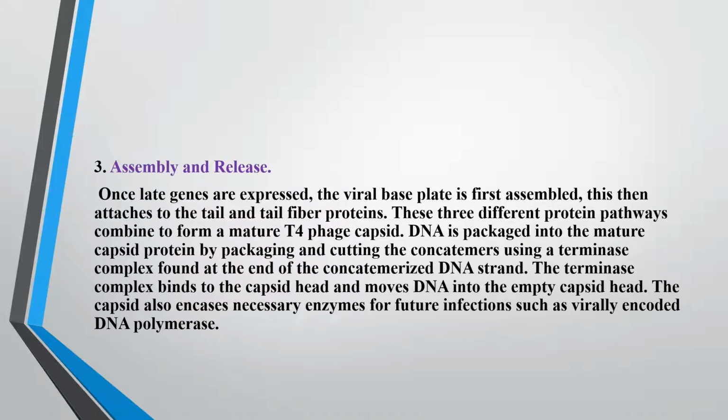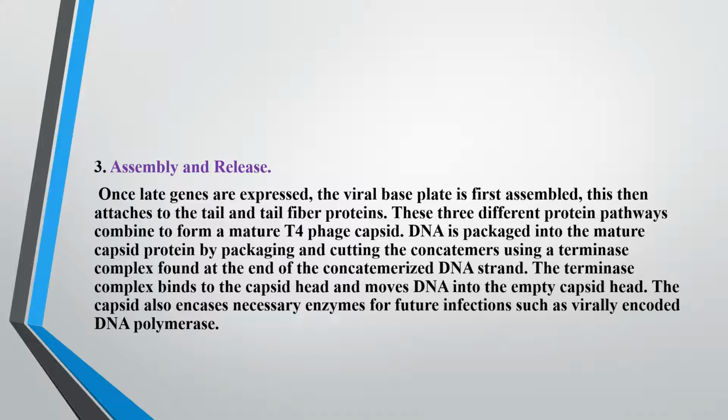Then assembly and release. We all know that after penetration, attachment, uncoating and replication, we get assembly and release. Once late genes are expressed, the viral base plate is first assembled and then it attaches to the tail and tail fiber proteins. These three different protein pathways combine to form a mature T4 phage capsid.